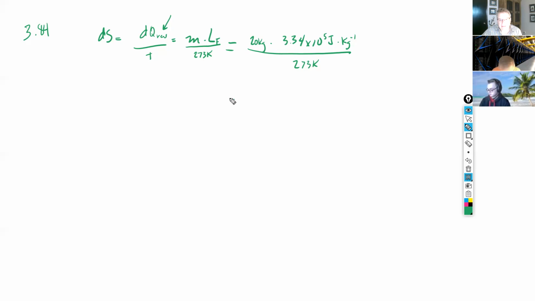And so we get 2.45 times 10 to the fourth joules per degree. That's at 273 K.